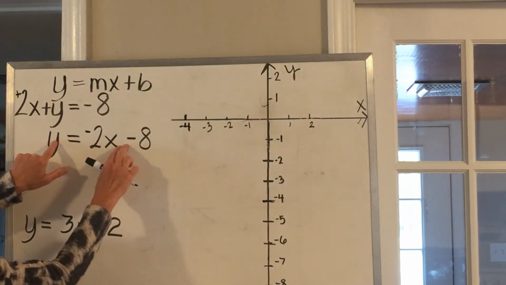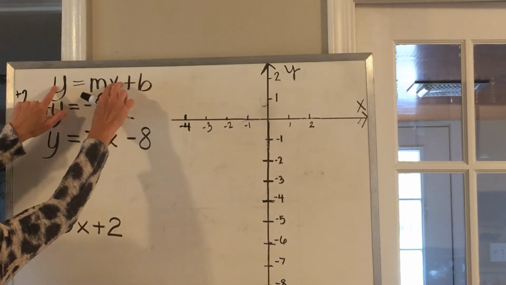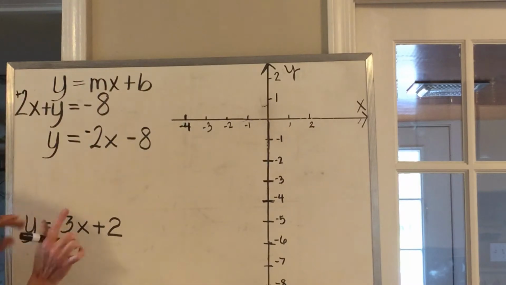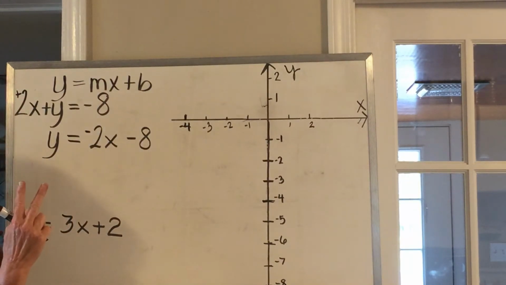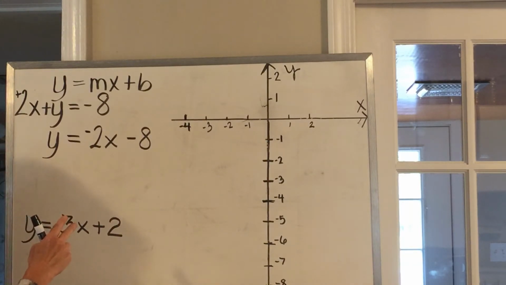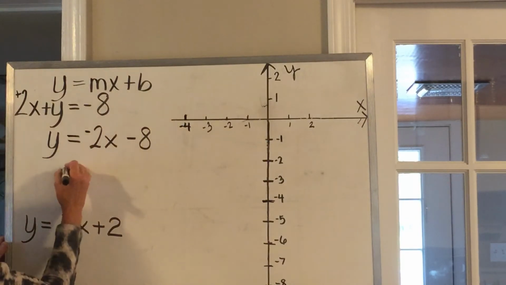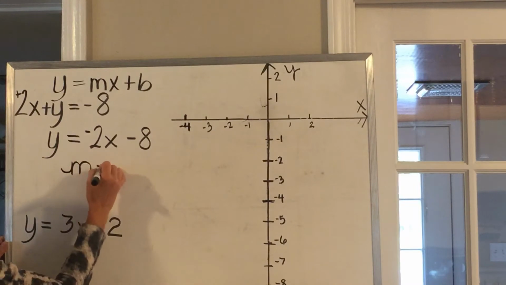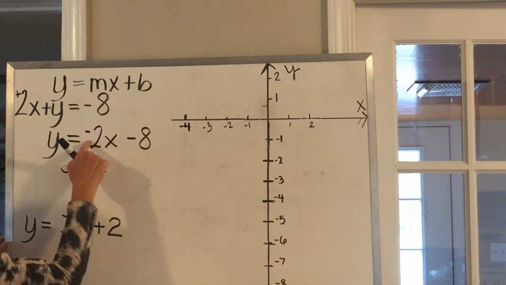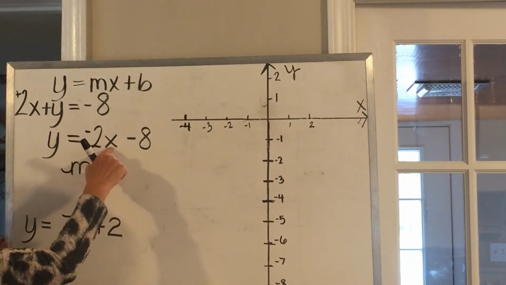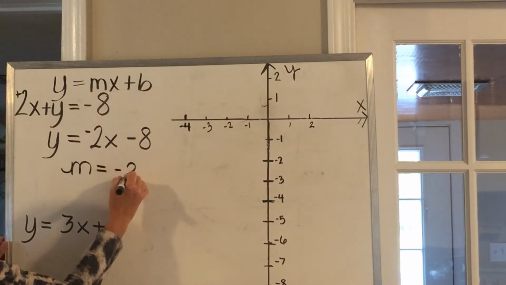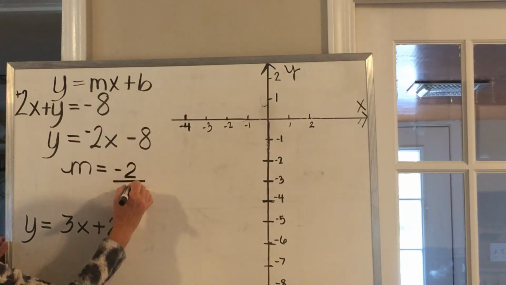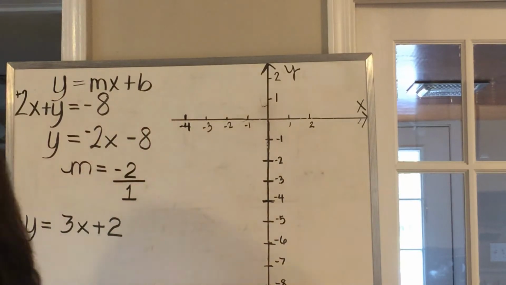We've got this looking like that now. So you stop and you go, there's 2 things you need to graph. You need your slope and you need your y-intercept. Slope is the number in front of x, so your slope is negative 2. But you want to make it a fraction.